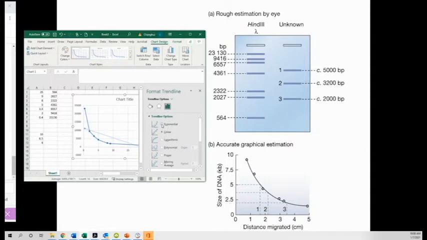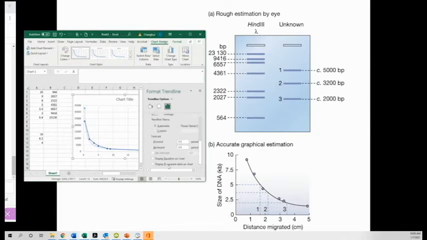You know it's not linear, it's a power. And you also want to display the equation and display the R squared.